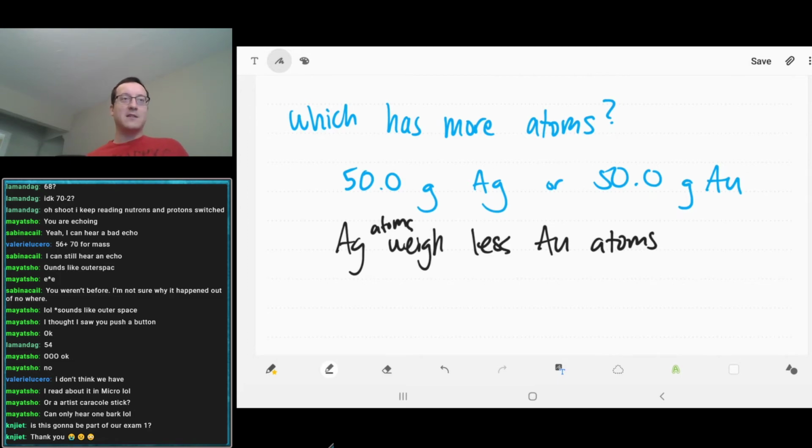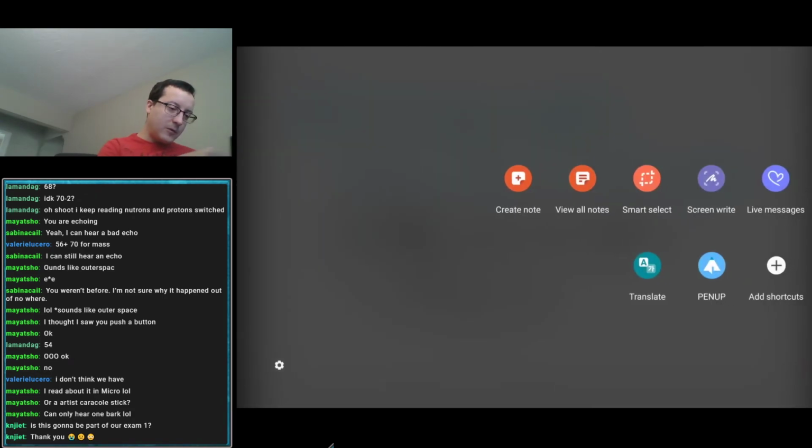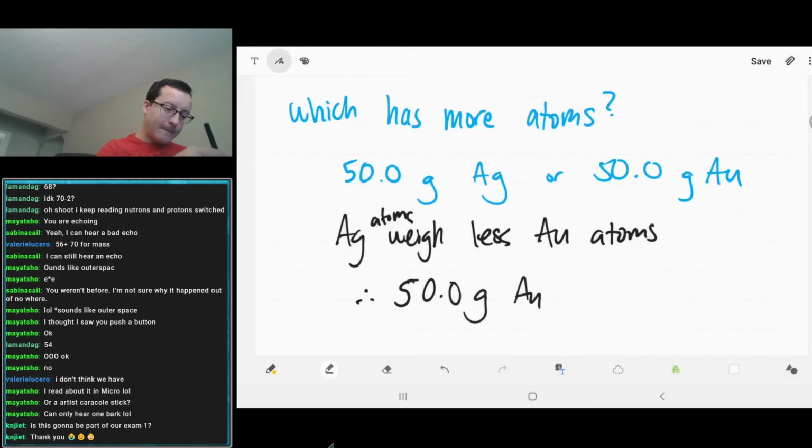While yes, their masses were the same, therefore 50 grams of silver atoms, Ag rather, has more atoms.